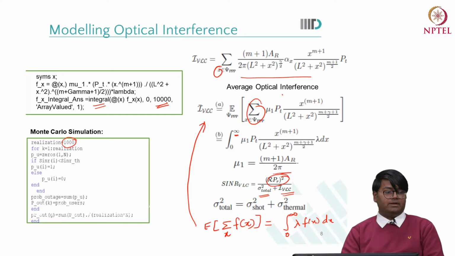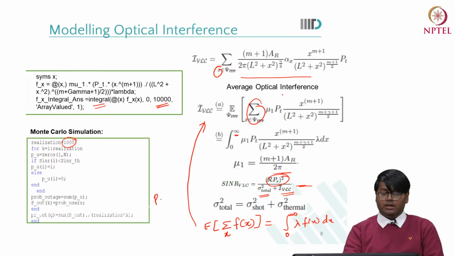Now, given our simulation settings, we further calculate the signal to interference plus noise ratio as per this relation, and we count the number of times the SINR is not larger than the SINR threshold. This is how we compute the outage probability.